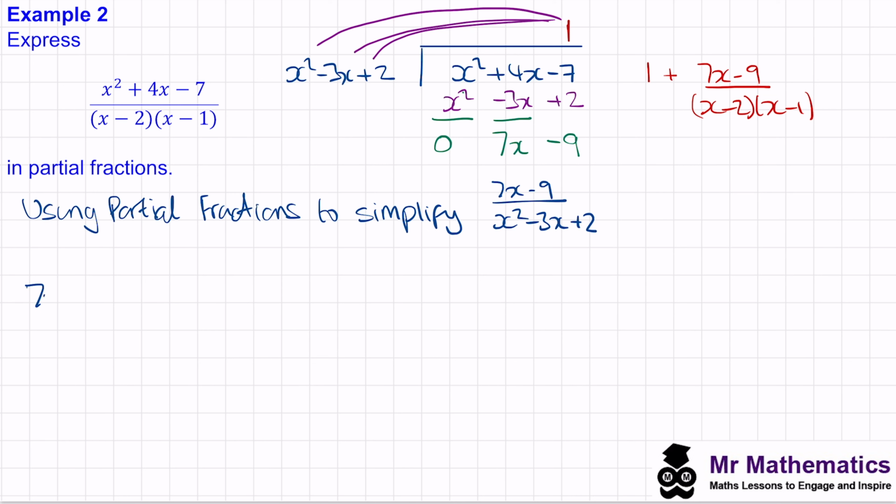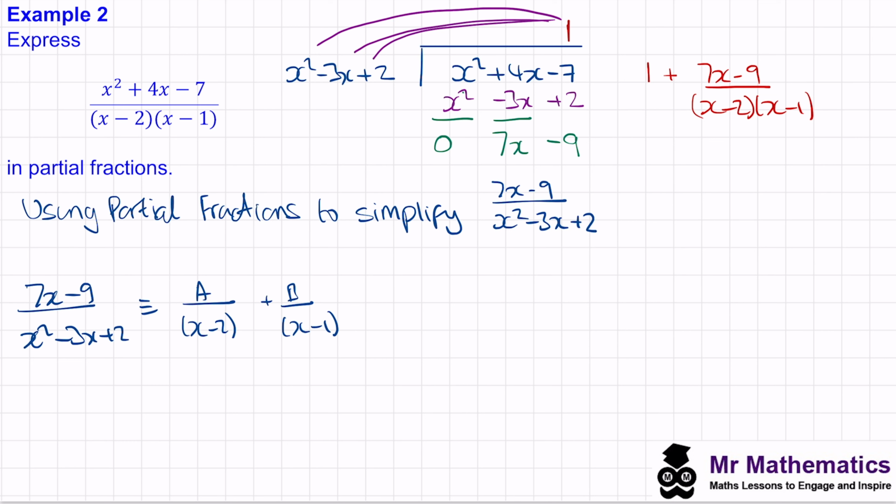So we can say that 7x minus 9 over x squared minus 3x plus 2 is identical to a constant a over x minus 2 plus a constant b over x minus 1. And it is these constants a and b which we need to find.